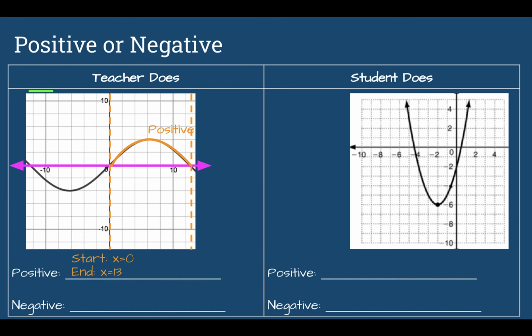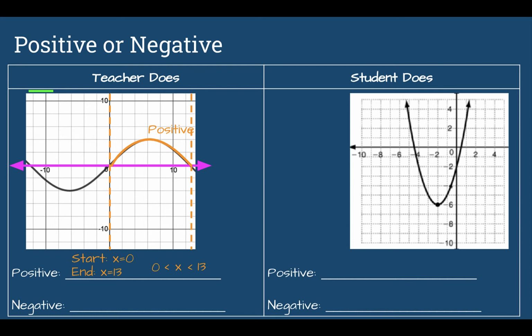So for this, our interval that we're going to need to write, we're taking what we did in average rate of change, but backwards. So here we know the start is 0 and the end is 13. We're going to write the interval. So it started at 0, ended at 13, and x was between those two numbers.